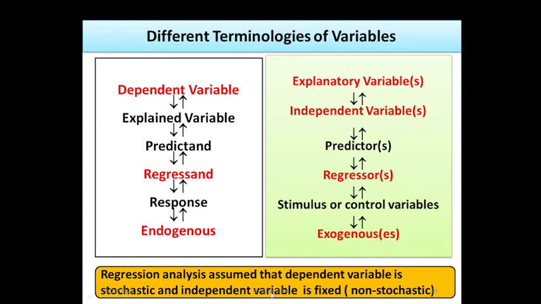The independent variable is fixed or deterministic, which is non-stochastic. Non-stochastic means it does not change, it is not random. Sometimes it may be random, but as a whole it is fixed. So regression analysis assumes the dependent variable is stochastic and the independent variable is fixed.